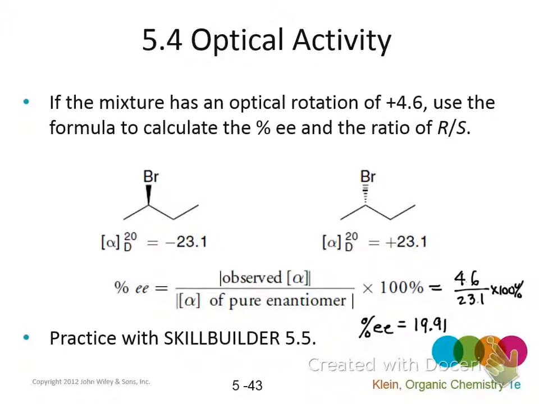But you get this number, 19.9. It's not actually the percentages of each compound, because those have to add to 100, right? So if I want to know the percentage of R and S, and I have this percent EE, those aren't the same thing. How do you get the actual percentages from the percent EE? There's a real simple way to do it. Well, you don't just subtract it.